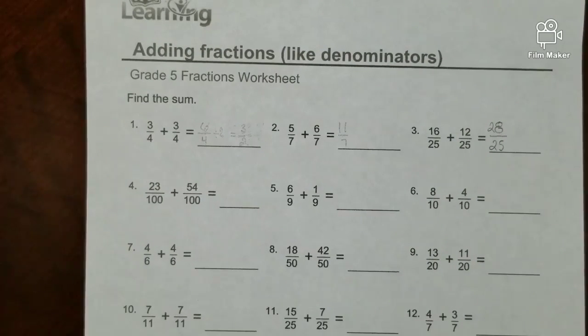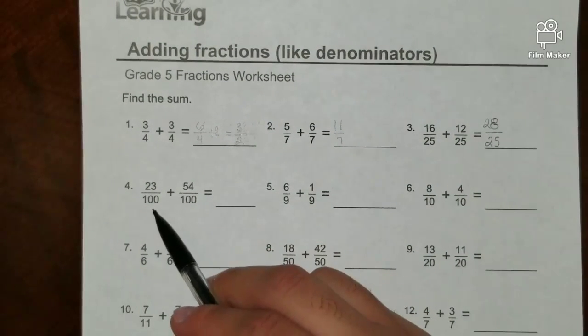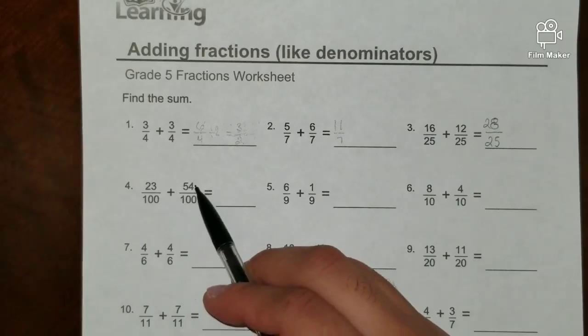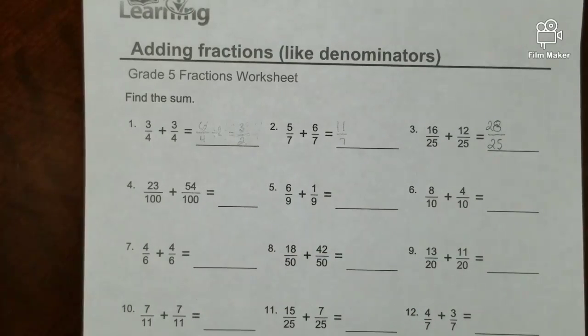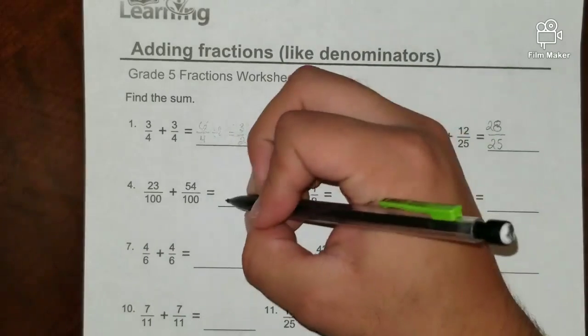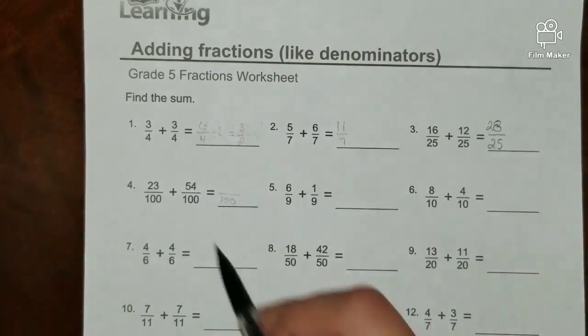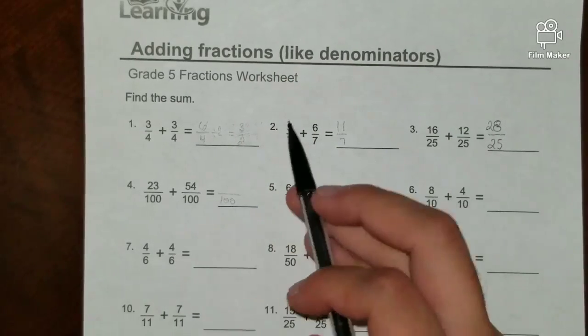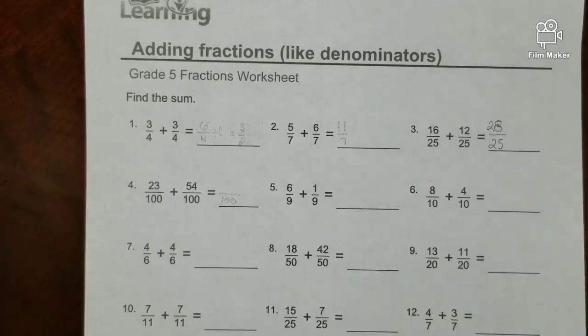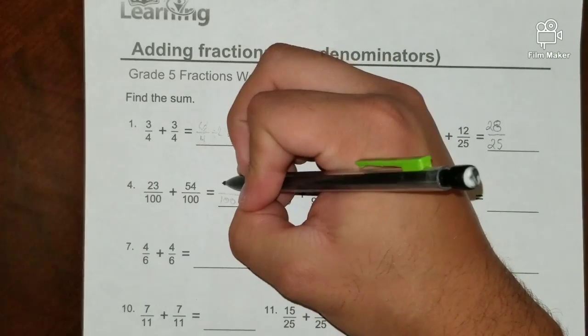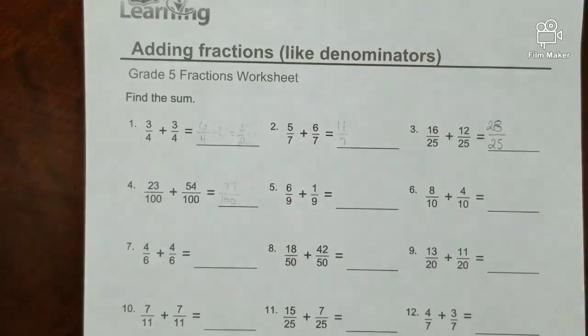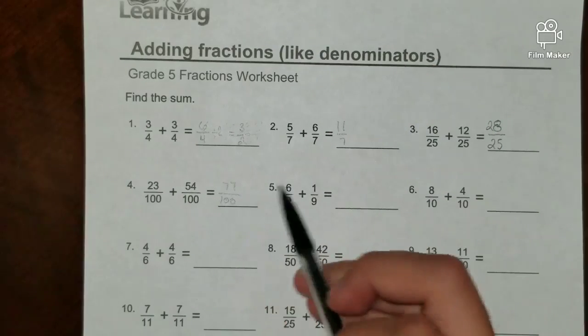For the next one, we have 23 over 100 plus 54 over 100. So we keep the denominator the same and bring it over, 100, and 54 plus 23 will give us 77. So our final answer would be 77 over 100.